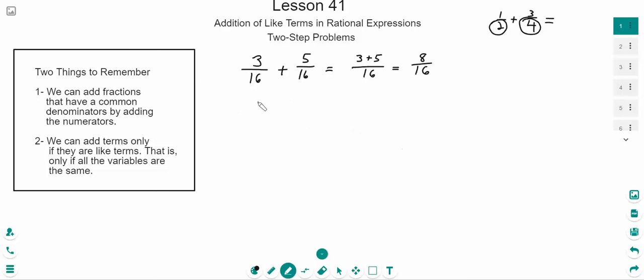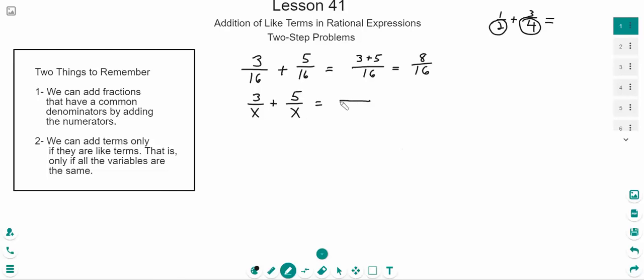All right. So let's complicate things a little bit here by switching out some of these numbers for variables and see what happens. So let's say that I've got 3 over x plus 5 over x. What can I do here? Can I add them? Well, sure, I can. The denominators are the same. I have an x and I have an x. They're the same one.